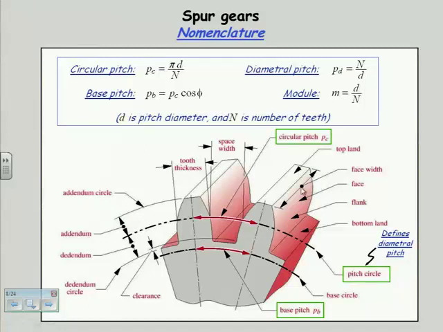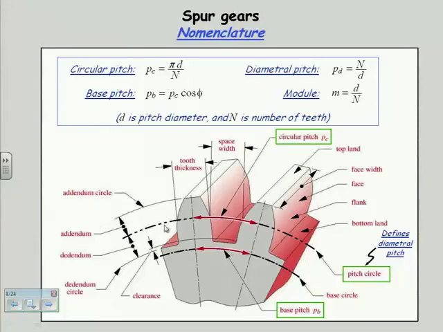So the other parameters you see mentioned here are face width. That's going to be of concern to you in design of the gear, because clearly if I add more length to it, I have more meat to resist the forces. So that's going to be a factor in our stress calculations. The shape is defined by the involute standard. The addendum, that which is added on, is from the pitch circle out to the tip.